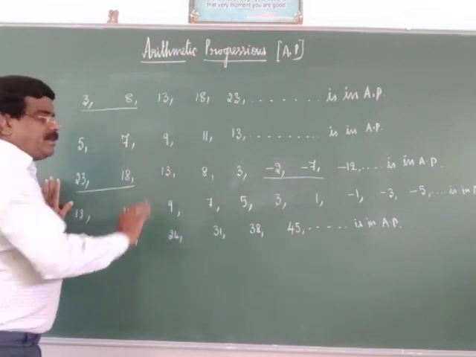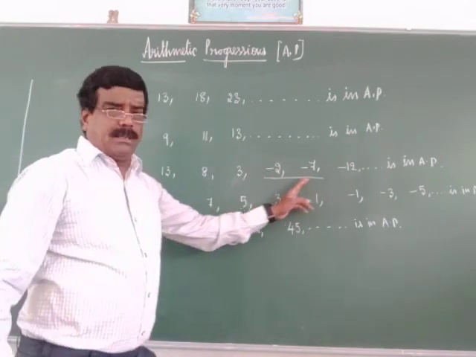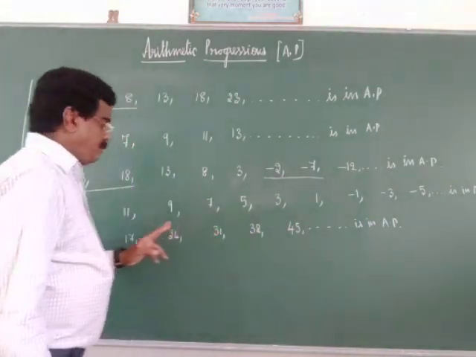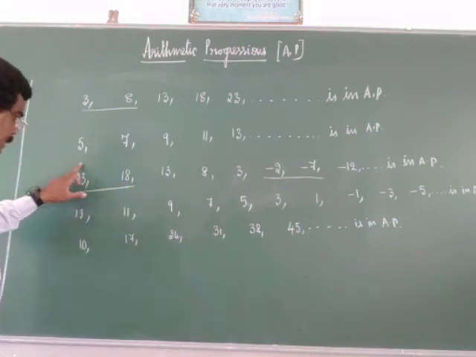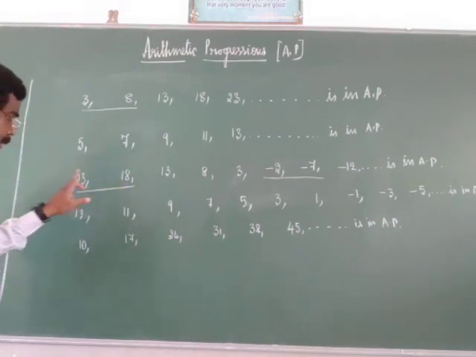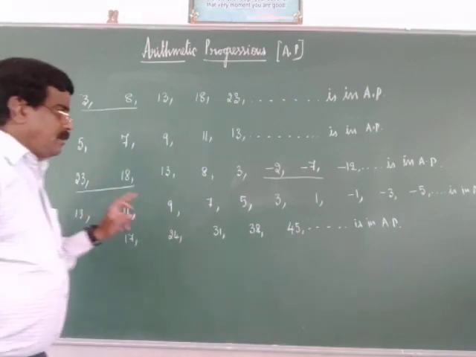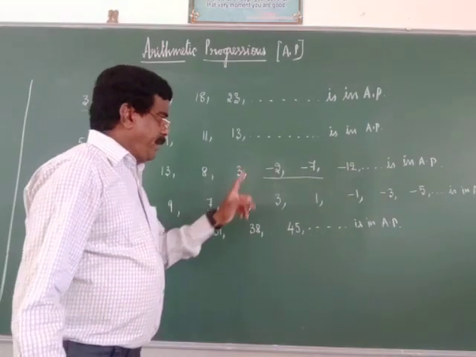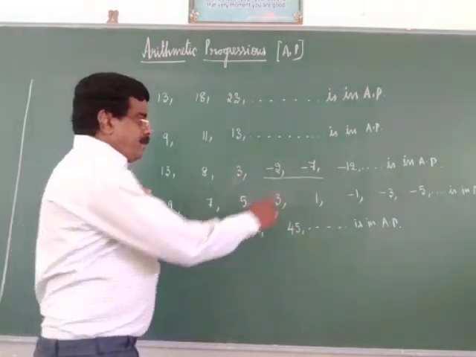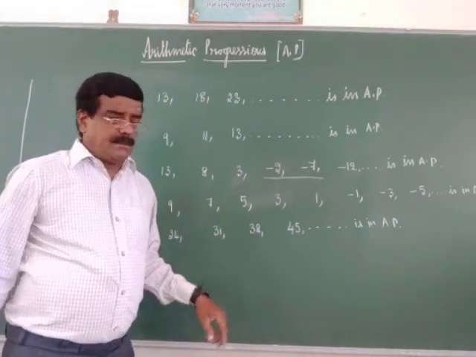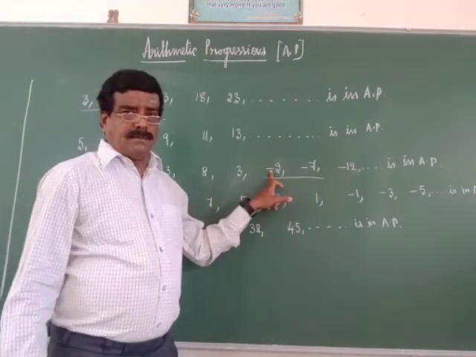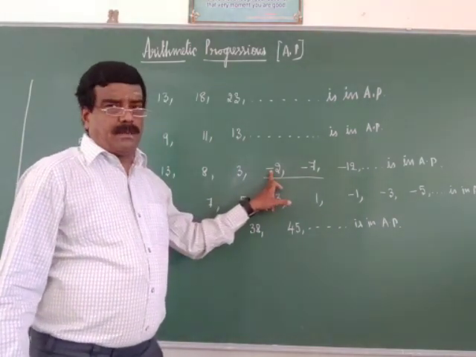You can take any two terms here. Please try to understand, children. Here 23 and 18, we have changed the sign of this: 18 minus 23 means you have changed the sign to minus 23. Similarly here also, if you take any two terms, for example minus 7, this sign should be changed. Say minus 2 is there. If the sign is changed, you will get plus 2.